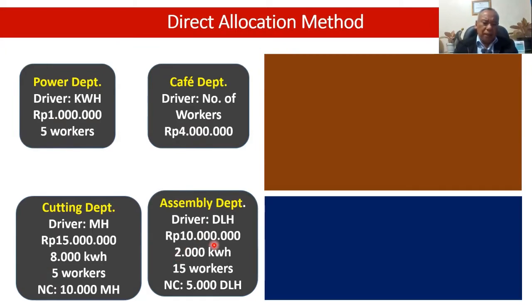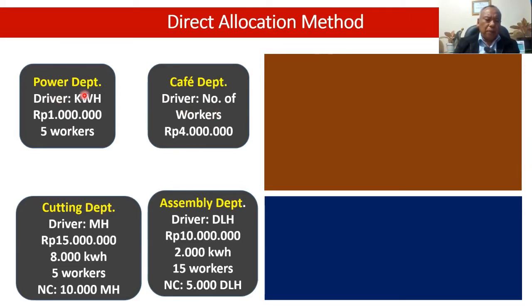In the direct allocation method, the service department costs will be directly allocated to the producing departments, so there is no cost allocation to other service departments.